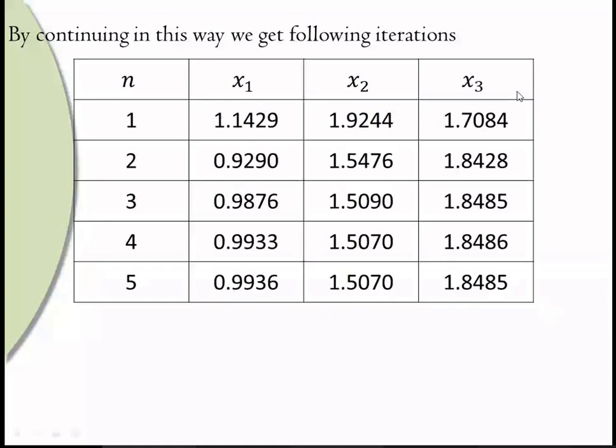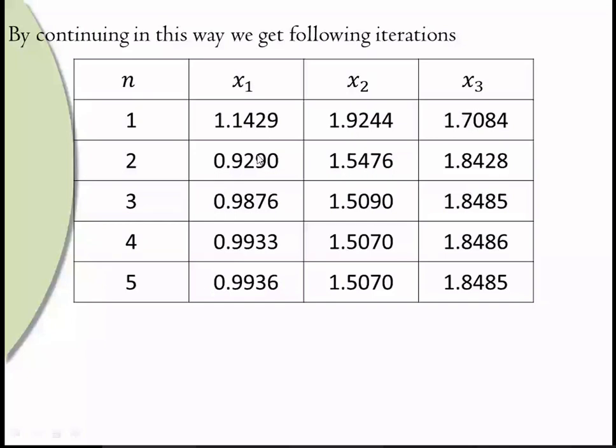So firstly, we put x1, x2, x3 as 0 to get this. For finding x2, we use this and x2, x3 as 0. For finding x3, we use these two new values. For finding x1 in the second iteration, use these two values. For finding x2, make use of new x1 and old x3. For finding x3, use new x1, x2 values.